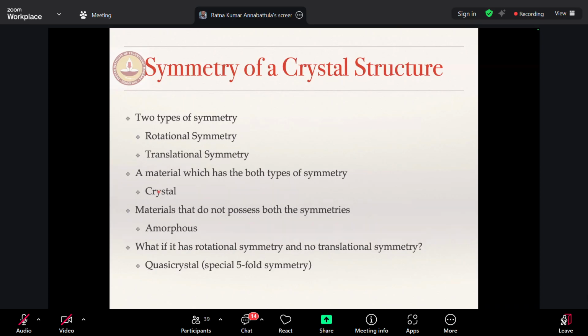Okay. So if a material does not possess both symmetries, meaning it neither has translational symmetry nor rotational symmetry, that means there is no order at all in this material. Such a material is what we call an amorphous material.